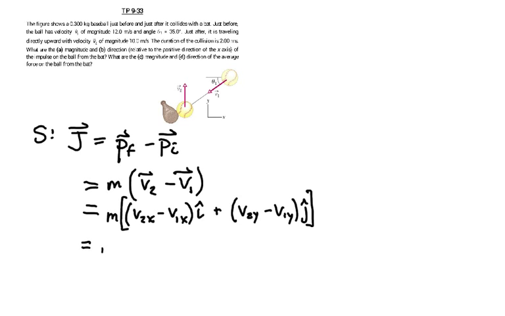So as we continue, we remember that our final velocity had no horizontal component. So that goes to 0 minus our initial, which was v1 cosine of our angle. And here we do have a vertical component, and it was entirely the final velocity, or the magnitude of velocity.